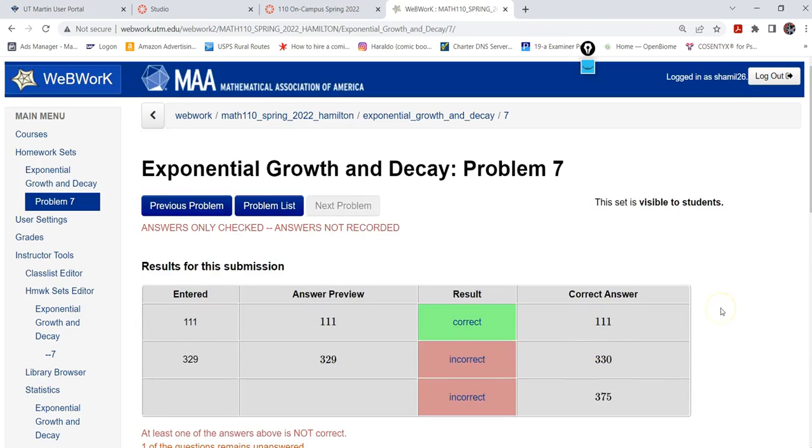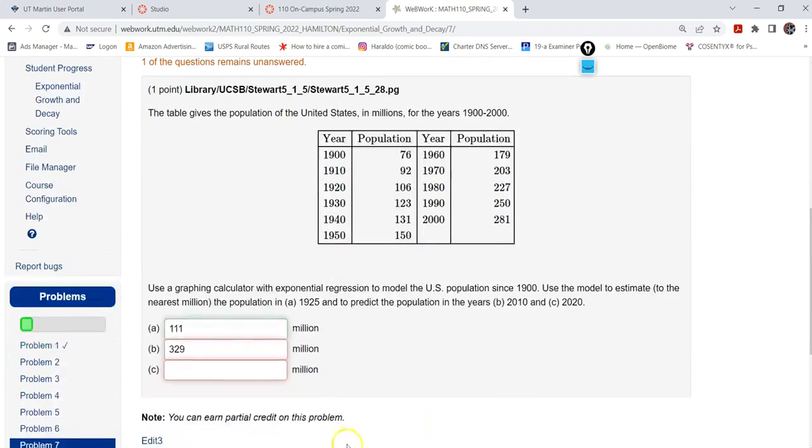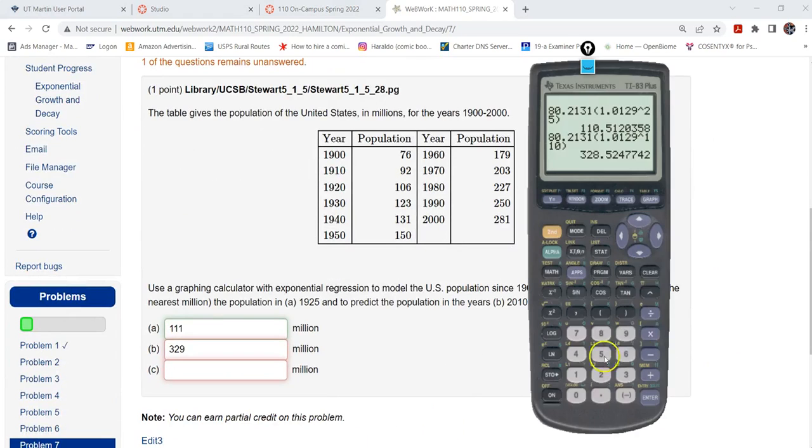Oh, hang on. What did I do? Go back. Did I do it the correct way? To 110. 328. If it doesn't like your answer, you might have to take it to more than 4 decimal places.